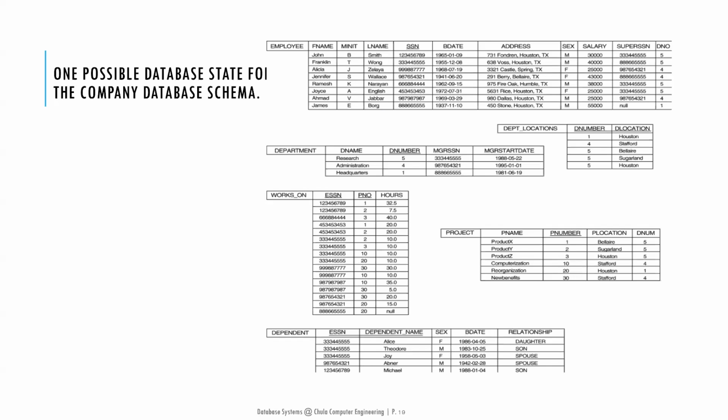So the state of the table or relation would be changing all the time if that database is in operation. But some tables or relations may not be as dynamic as others.